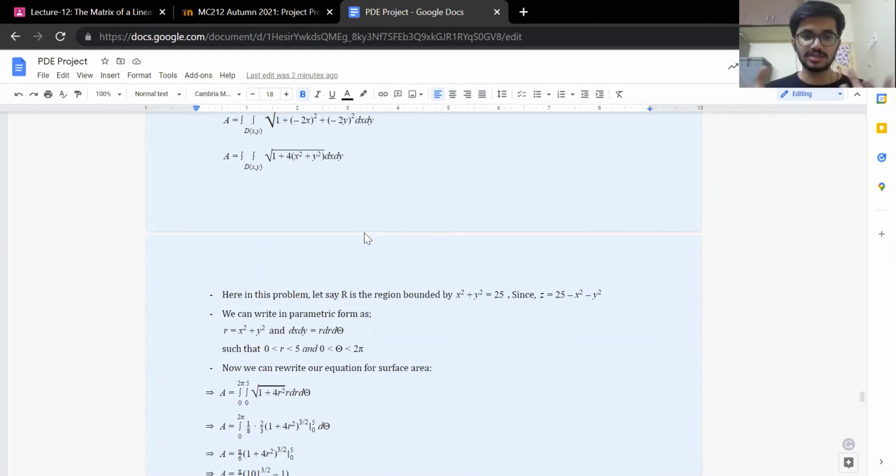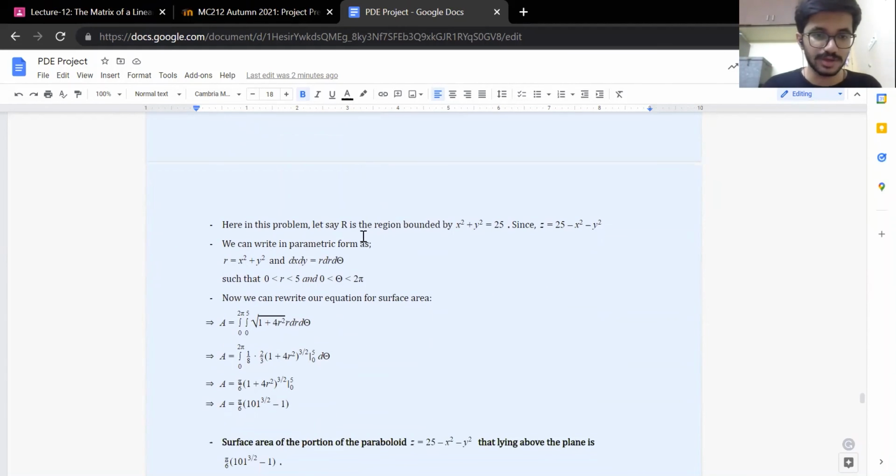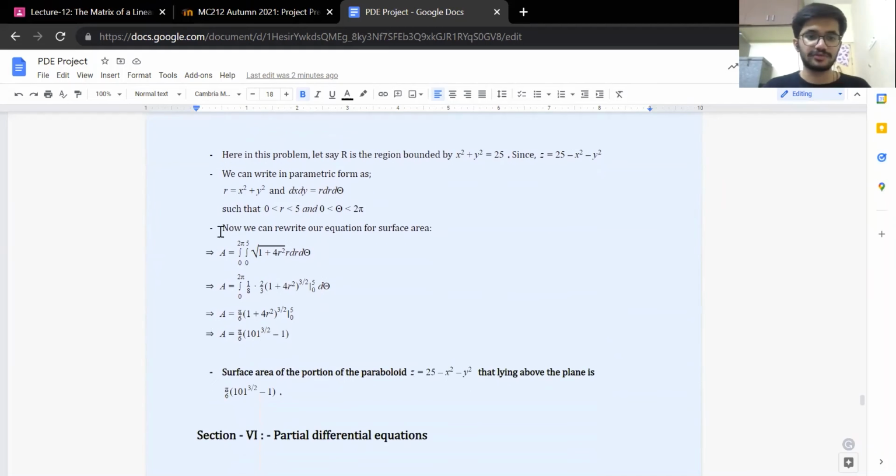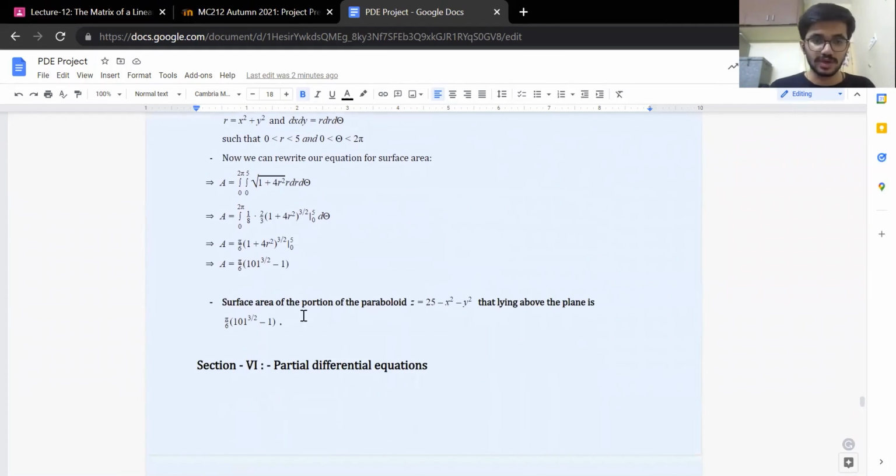We know that the region is bounded by the circle x square plus y square equals 25, and theta will be from 0 to pi by 2. I rewrote the equation in the parametric form and calculated, and the area comes out to be pi by 6, 101 to the power 3 by 2 minus 1.